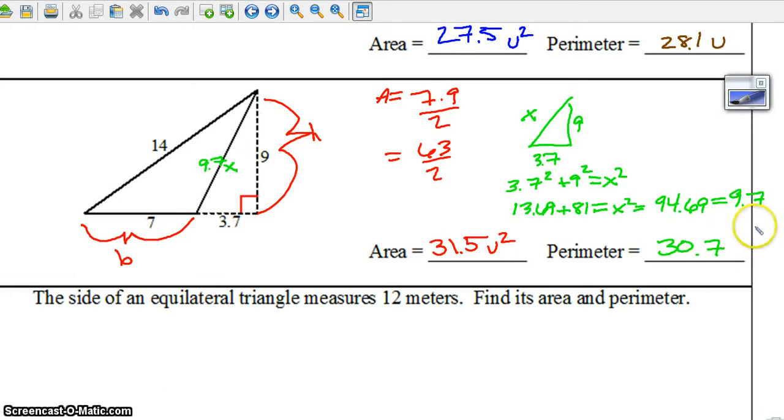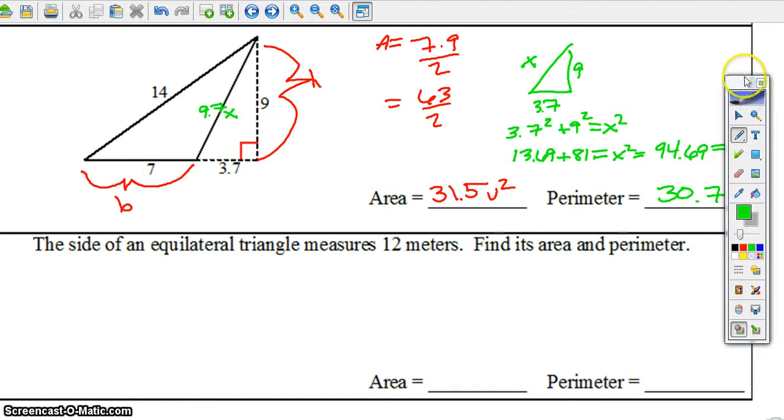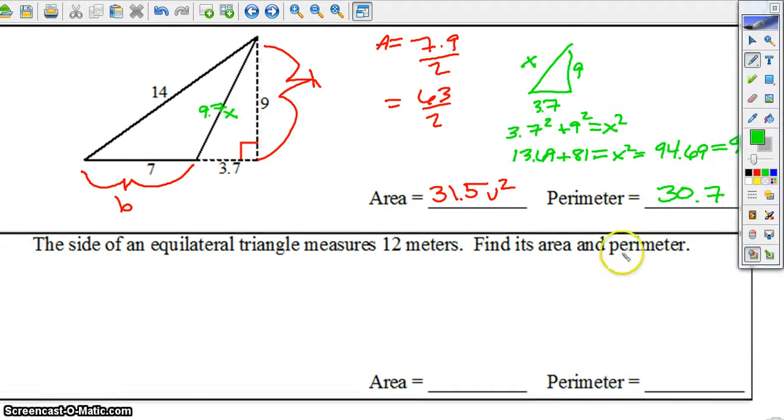Okay, last one. The side of an equilateral triangle measures 12 meters. Find its area and then find its perimeter. This one's going to be pretty easy, finding its perimeter, but let's go ahead and figure out what we're looking at. So we have an equilateral triangle. That means all the sides are the same, and one side measures 12 meters.